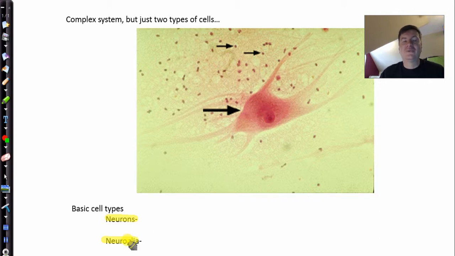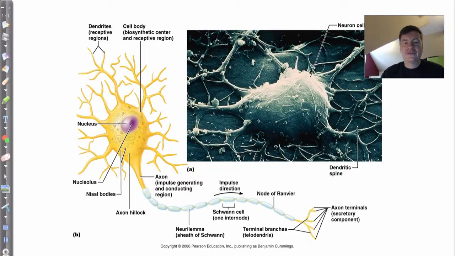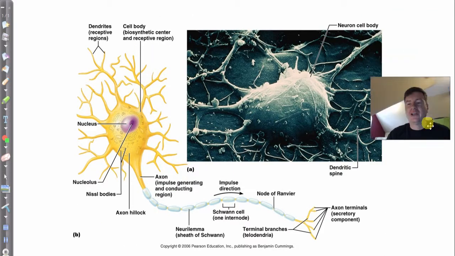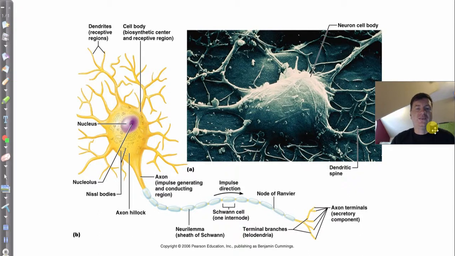Neuroglial cells are those cells that are in supporting roles, and we'll look at some examples in a moment. And those are all the little ones you see up here. These are all neuroglial cells, which are important for the metabolism and maintenance of nerve cells, of the neurons.